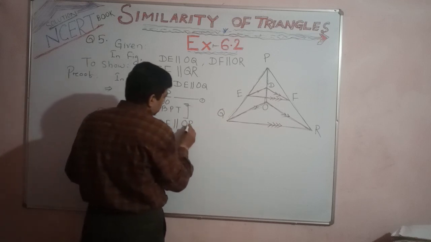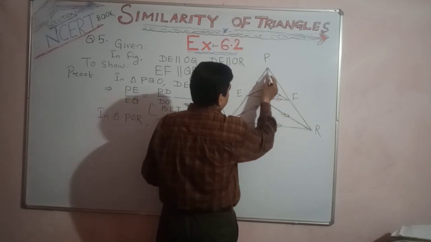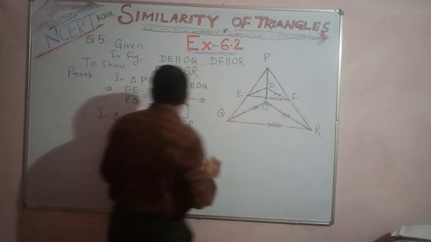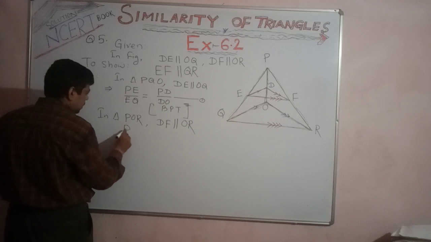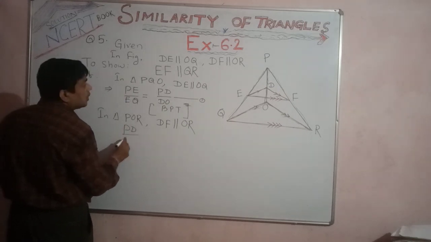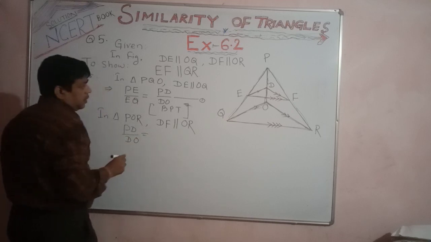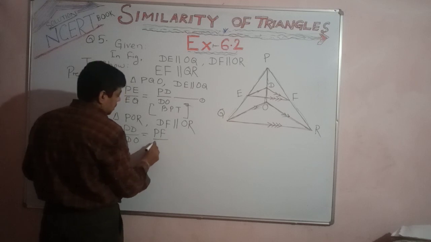Yes or no? You see, DA parallel to OR. So PD upon DO must be equal to PF upon FR, as per the basic proportionality theorem. Similarly, we can get PD upon DO must be equal to PF upon FR.